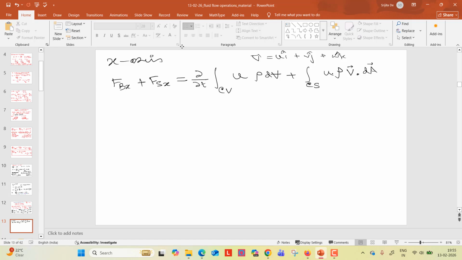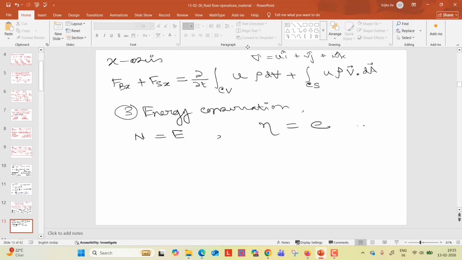Now comes the final one, the energy conservation. For energy conservation, you know that this N is your E, and from the Reynolds transport theorem, eta is your small e, right? The rate of change of E equals the heat given and the work done by the system.